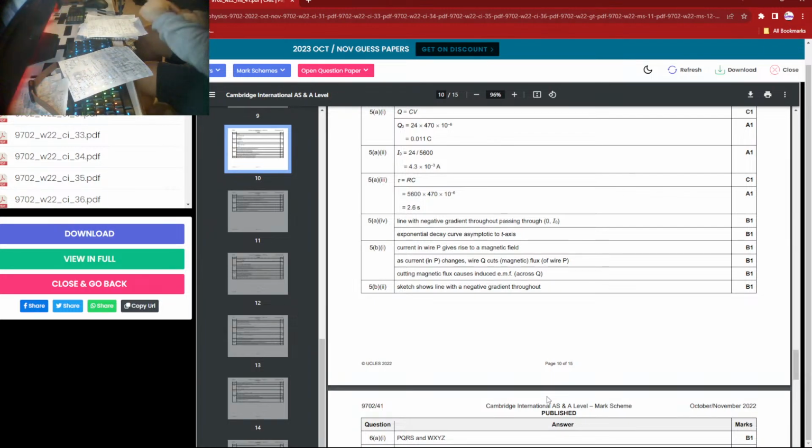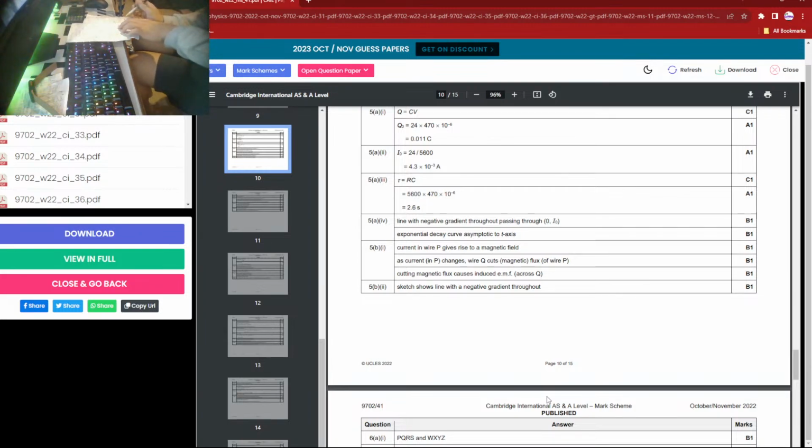B1, current in wire gives rise to a magnetic field. Okay, as current in P changes, wire Q cuts magnetic flux. Okay, hence induced EMF. Okay. A4, line with negative gradient throughout passing through 0, I naught.